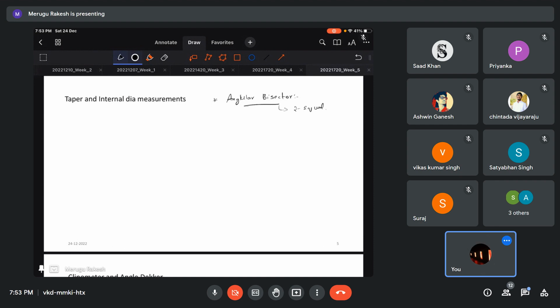Suppose I have a circle here, and I keep one more circle with its center on the same line. Suppose I draw a tangent, and one more tangent here also.